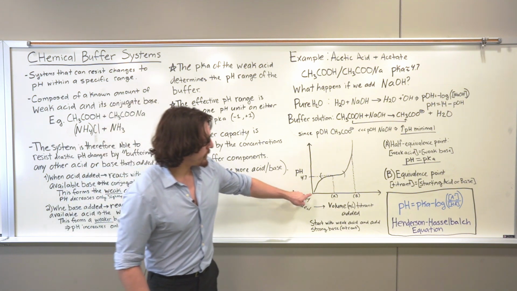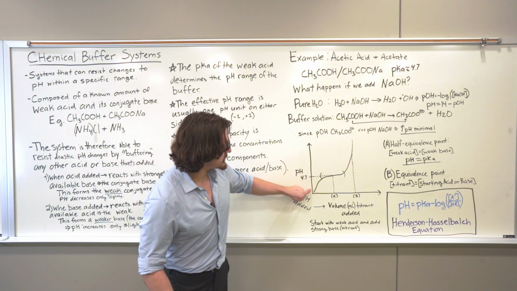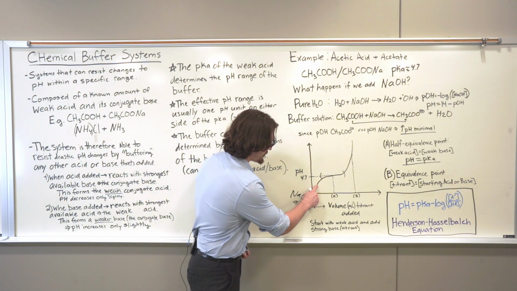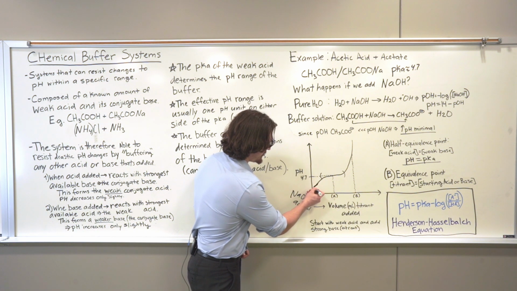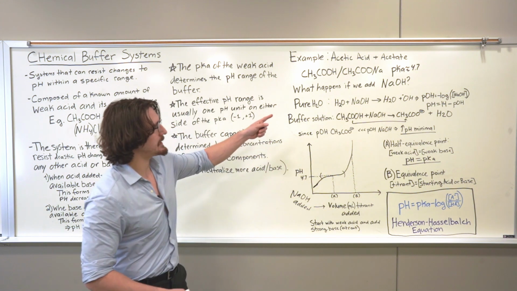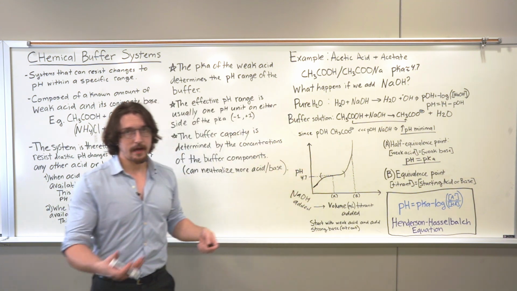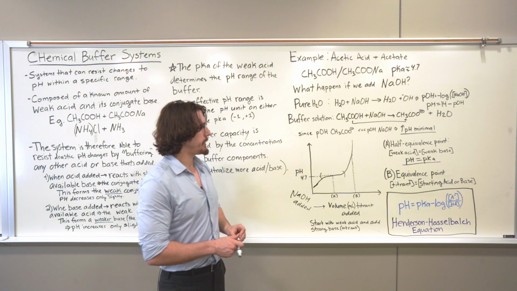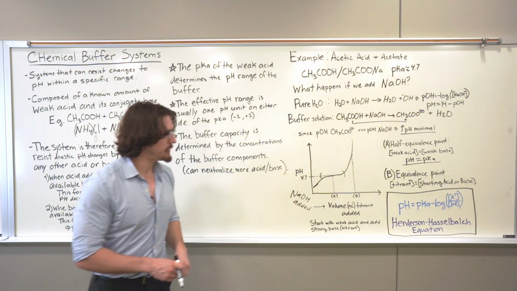When we start at the beginning, the pH is going to be low. It's going to be something maybe down here, because if you just have a solution of weak acid, it won't strongly react, but you will have a decrease in pH, okay?